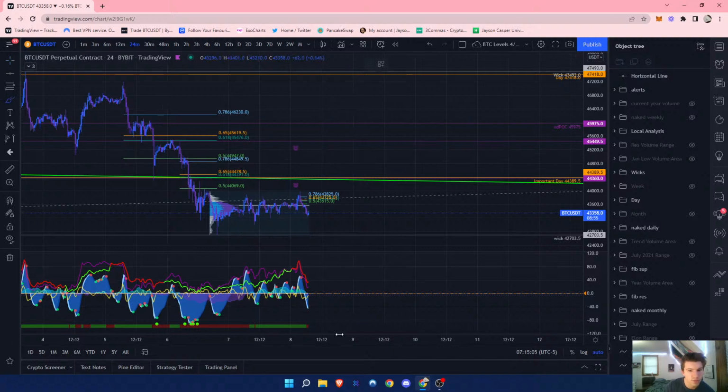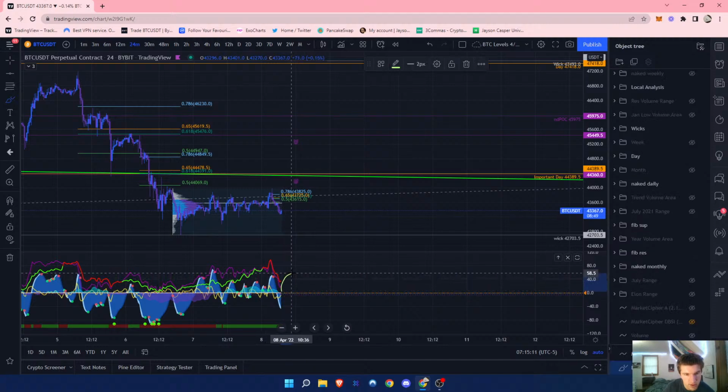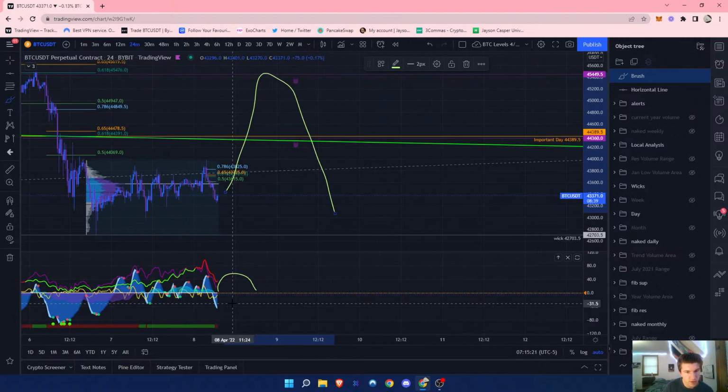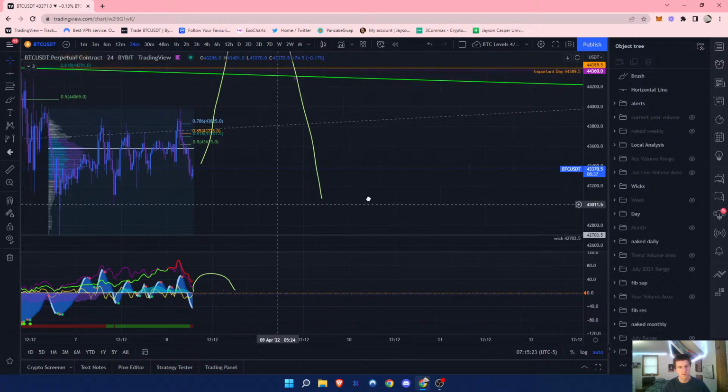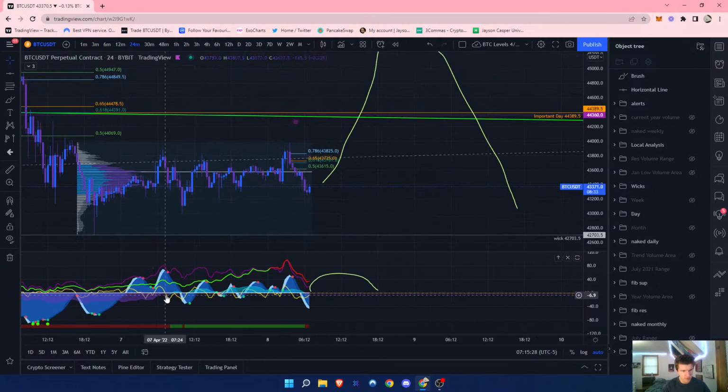So I'll show you what I'm thinking. I'm on the 24-minute, and I'm looking at a momentum wave that can't exceed this wave right here, as price comes up and then possibly rejects off of that. What's making me iffy about this one is that the money flow was barely in the negative, and right now it's barely in the negative.